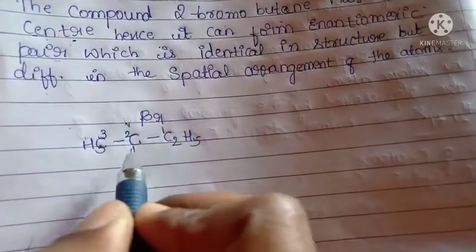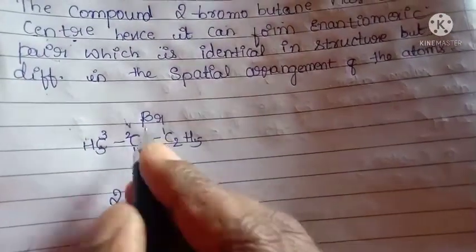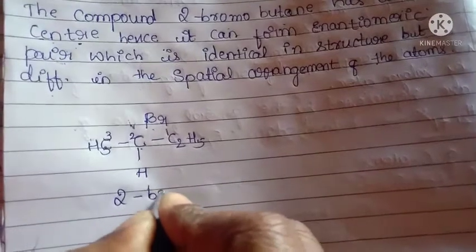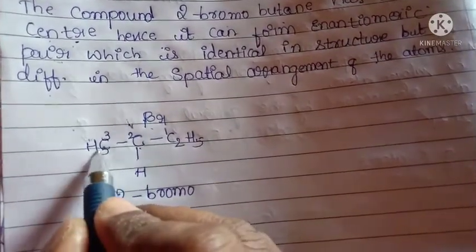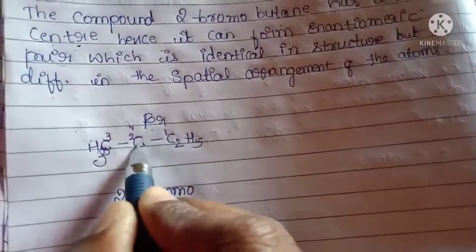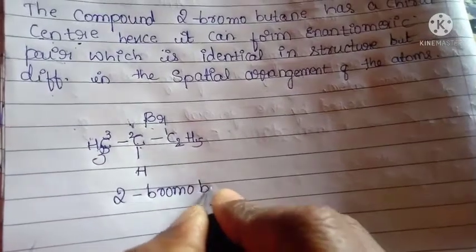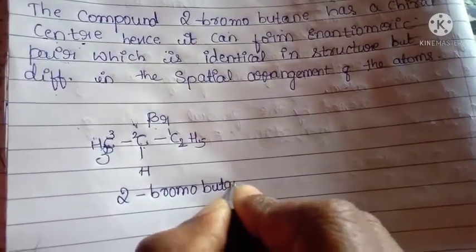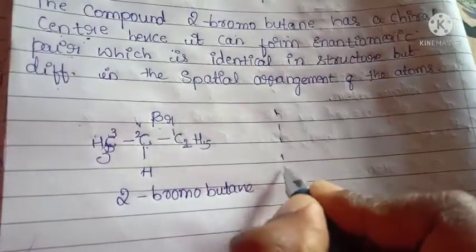From this side also, this carbon gets a 2, so 2-bromobutane. It means 4 carbon atoms are there: 1, 2, 3, 4. Here the 2 carbon atom is present, so 2-bromobutane. Then it has a mirror image.